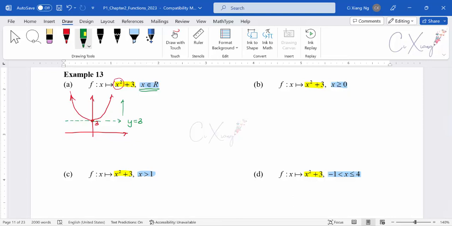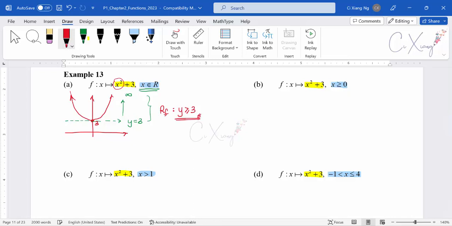Since my graph is going up, the value will become bigger and bigger, it should be infinity. So the smallest value is 3, and the function will keep on going up. Therefore, the range for this function should be y greater than or equal to 3.